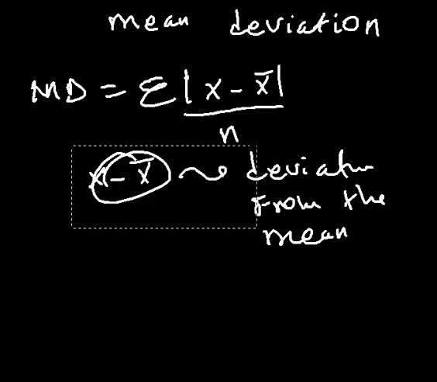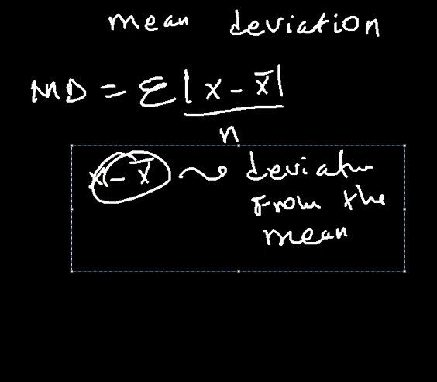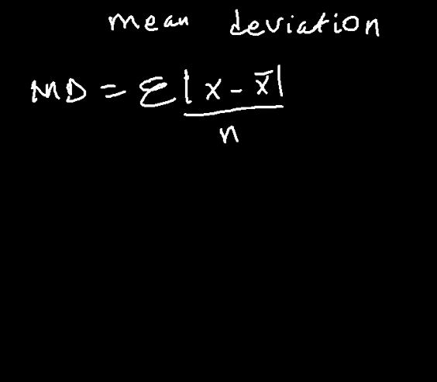This is the value that shows how far a given data value is away from the mean of the data. That is what we call the deviation from the mean.